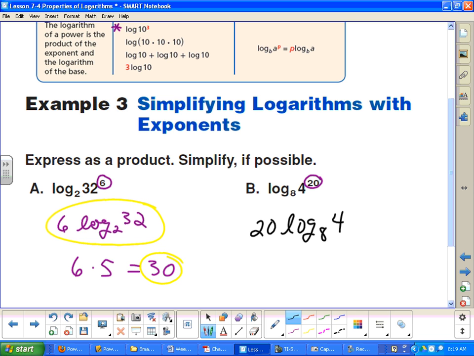Now, can you simplify the log base 8 of 4? Is 8 raised to a power equal 4? Not one that you know of off the top of your head anyway. So we wrote it as a product, and this can actually be simplified further, and I'm going to show you how to do that later. We're going to come back to it in just a couple minutes.